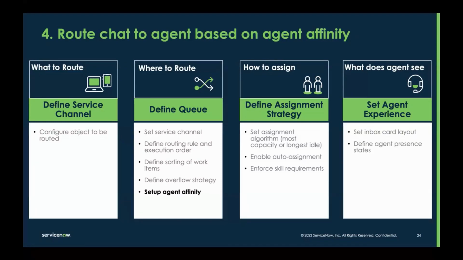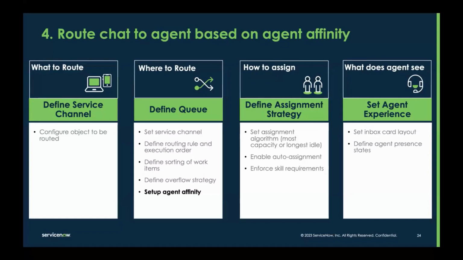the history-based affinity, where you can look at the history of serving the customer, look at the agent base, find the agent who has served the customer most in the recent past and prioritize that agent. Second is related task-based affinity, where if you know that a given chat is in context of a case, maybe the best agent to take up this chat is the agent who's working on the case.